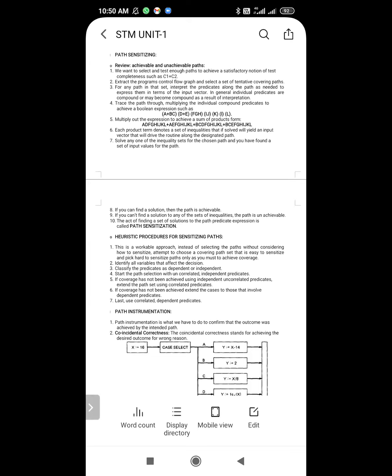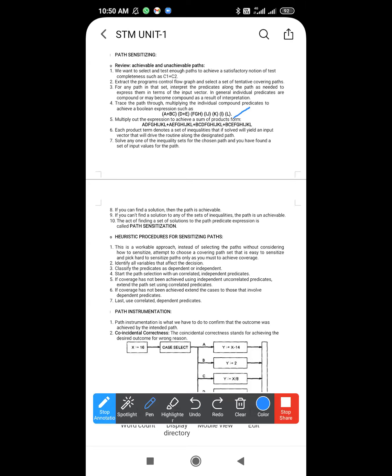Now see the equation. A plus BC of D plus E, F, G, H, I, J, okay? Those are the number of individual components to predict it. Those predicates will be the number of predicates.